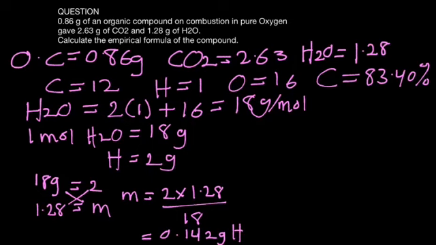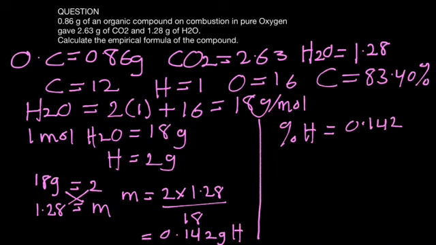Okay, now let's look at the percentage of hydrogen in the organic compound. So this will be 0.142 grams divided by 0.86 times 100.